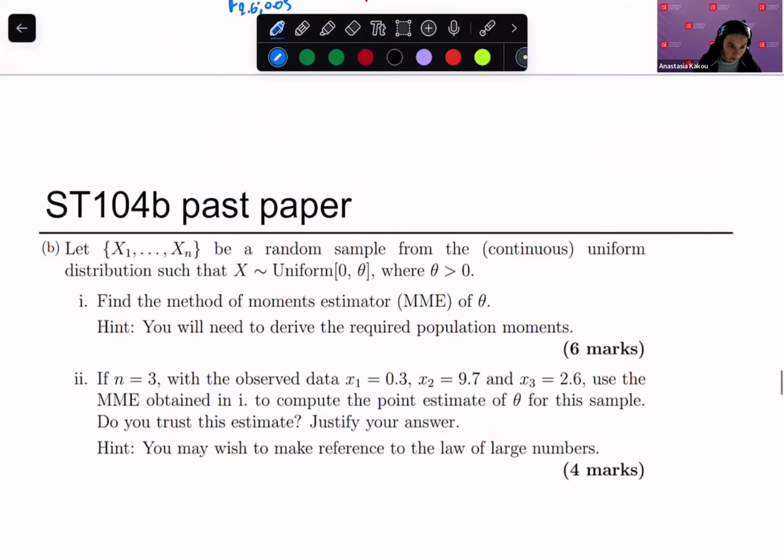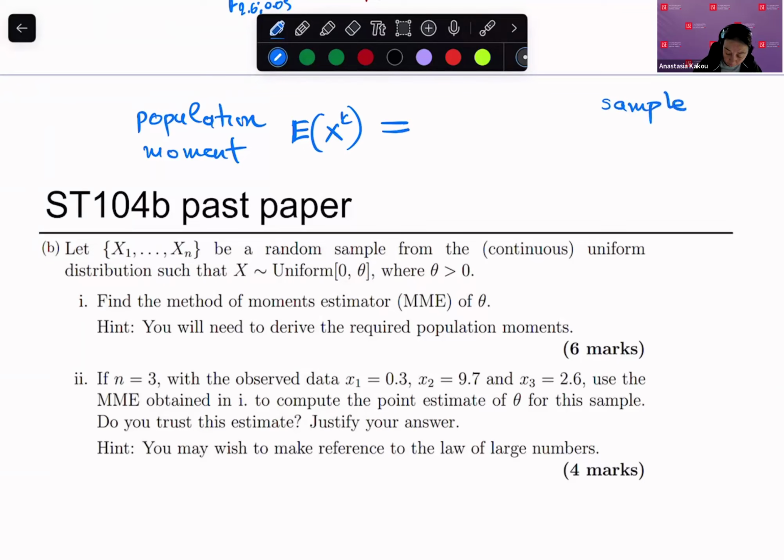So during the method of moments, you basically have equations where we are putting the population moment, defined as expected value of x to the k, equal to the sample moment.